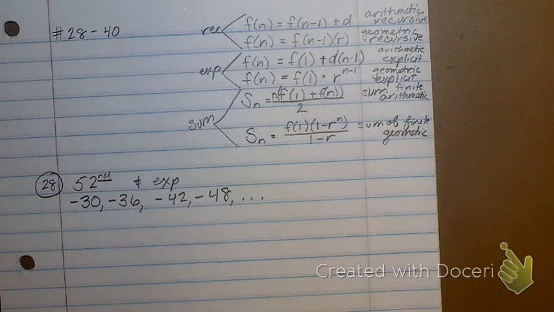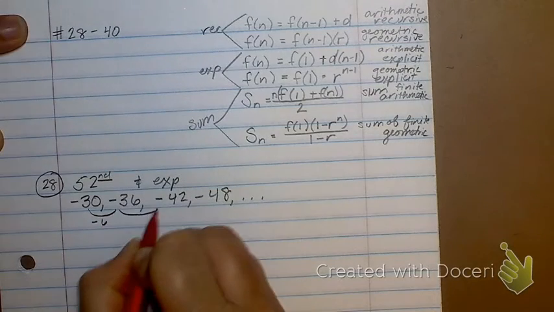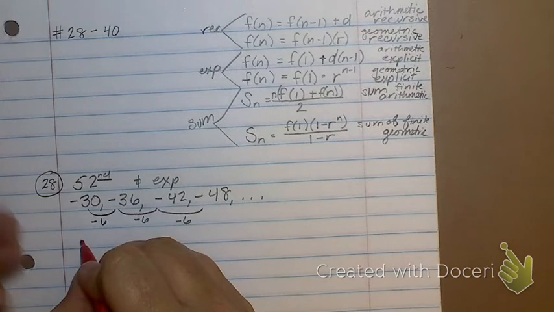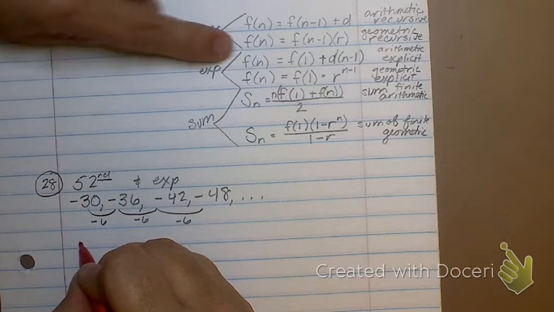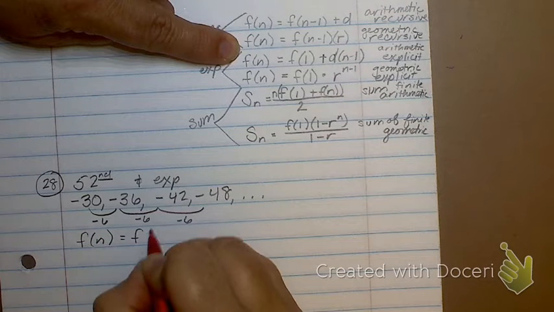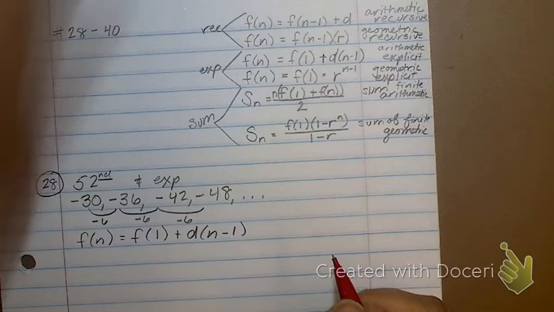First thing I need to know is that arithmetic or geometric. How do I know? Arithmetic, they would be adding or subtracting the same thing each time, which means we have arithmetic explicit. So I have my f of n equals f of 1 plus d times n minus 1. That's the formula I'm using.